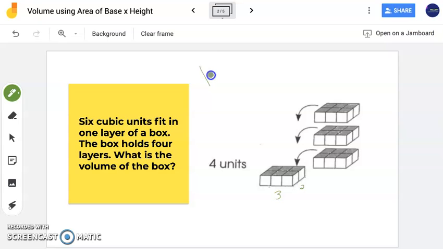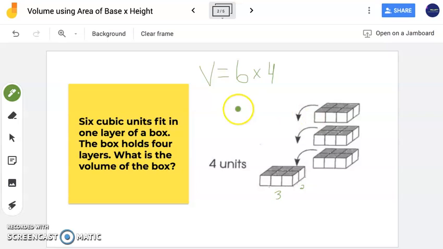Now what I'm going to do to find my volume is I'm going to use the area of my base that is given to me, which is also length times width, and now I'm simply going to multiply it by my height. Now my height is 4 units because I have 4 layers that will ultimately create this rectangular prism. This is layer 1, layer 2, layer 3, layer 4.